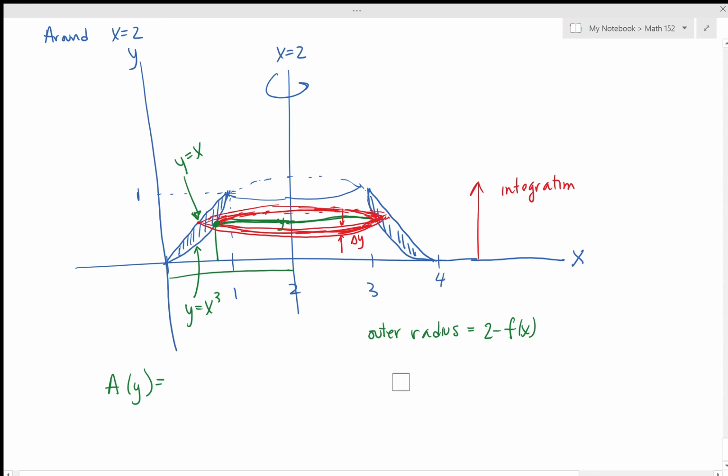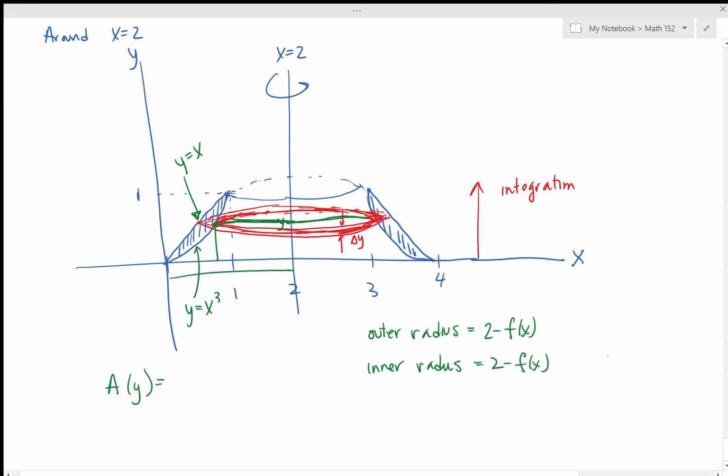In fact, they're both like this. So the inner radius is the same, actually: 2 minus f of x, but the function is going to be different. And so for the inner radius, the function is this one here, y equals x cubed. That is for the inner radius.